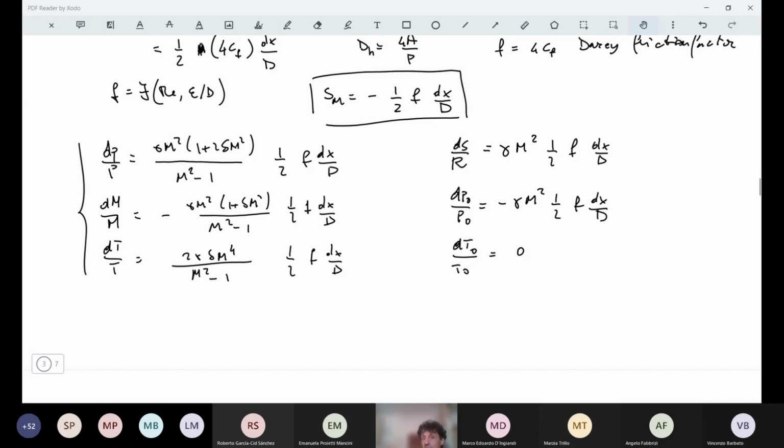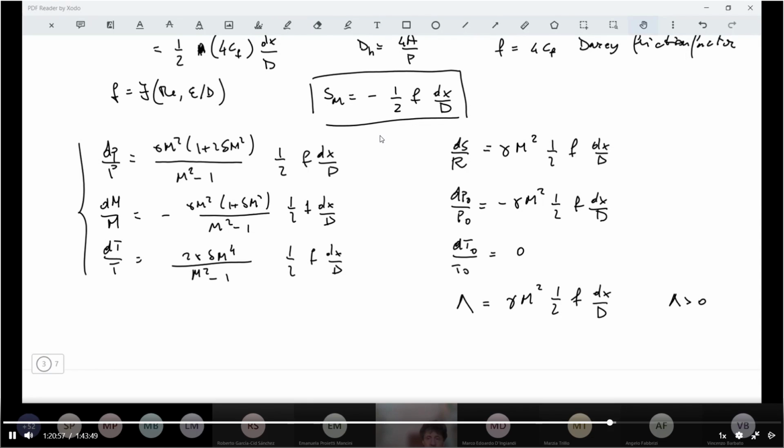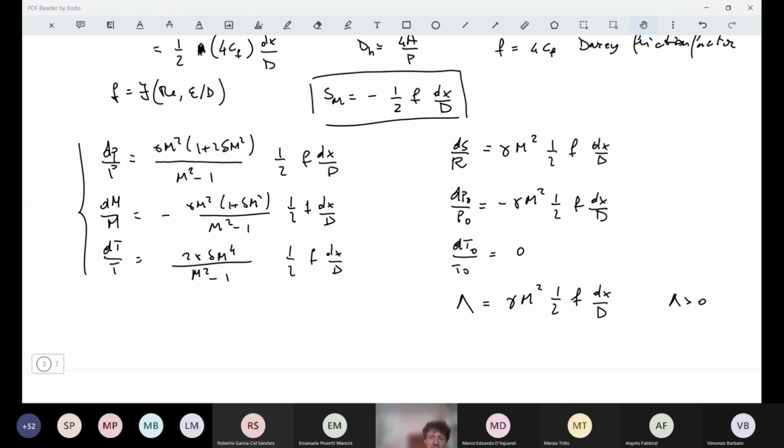So finally, we have to recall that we have an important quantity, which is our lambda, and our lambda is here gamma M squared times 1/2 f dx over D. Just substitution with the present assumption. So what you see here is that lambda is always greater than 0. So we don't have the opportunity to have lambda negative or positive. It's always greater than 0. That means that the flow will behave as if it were in a convergent channel.